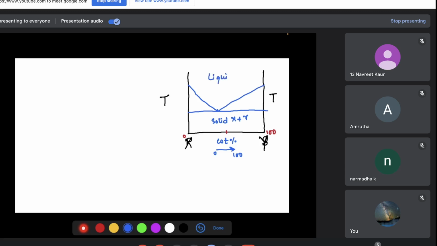Here it is given that it is pure liquid. So if I am talking about a point, say, this is P, this is Q, this is R, and this is S.